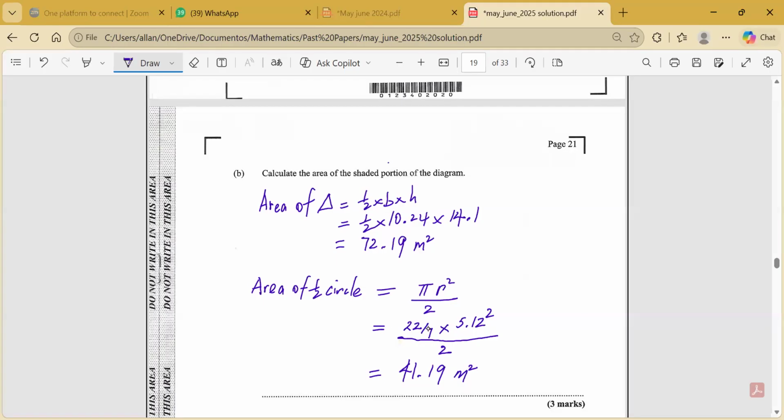Is that okay? I'm not getting that answer, sir. Make sure your calculator is on degrees. Check your mode. There's a small M on your calculator. Click it until you get D. You're looking for the small D on your calculator.